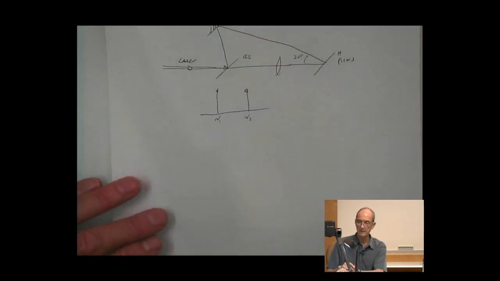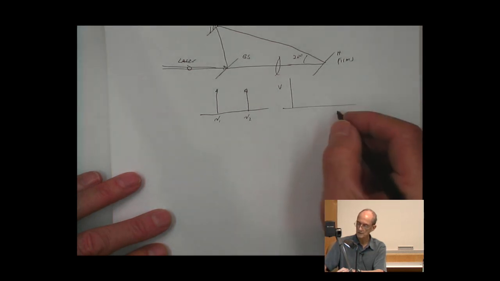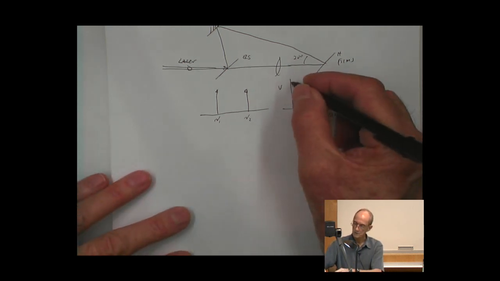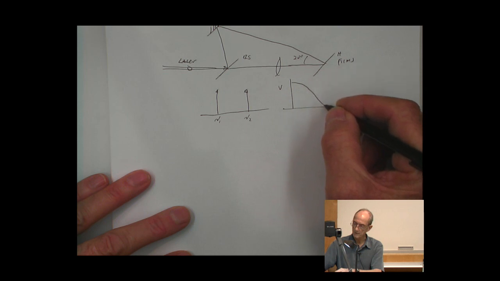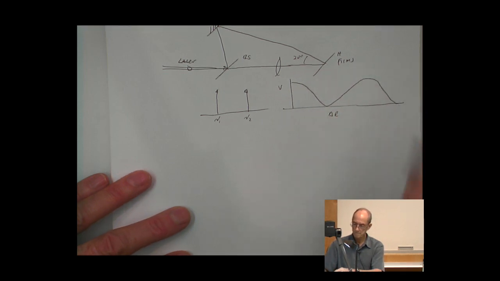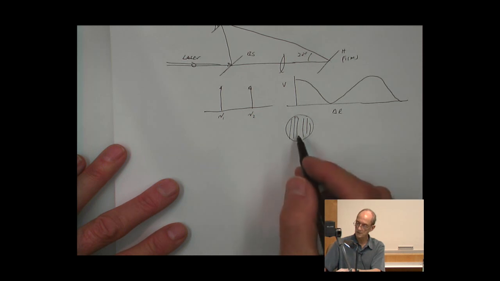you have frequency 1 and frequency 2 that are stable. As you vary the path length, if you look at the visibility of the fringes, and say this is delta L, the path length difference, the fringes would start out high and then go down, then come back up and go down, and so forth. If we set up an interferometer, you'd see some nice fringes here.